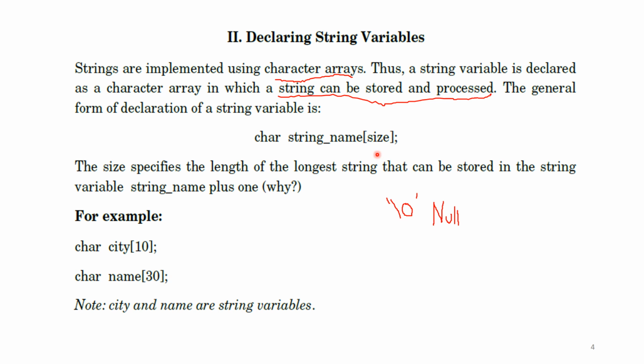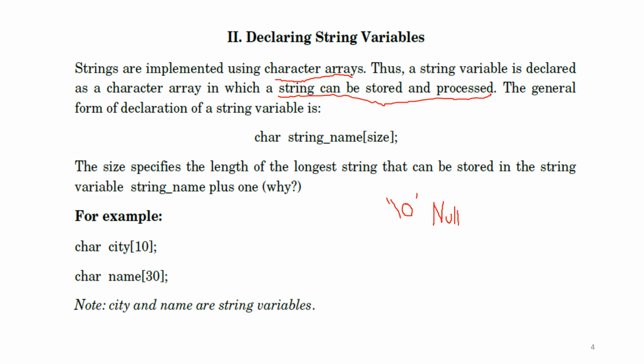By adding one extra size, we are making room for the null character. The representation of the null byte is a backslash and 0.